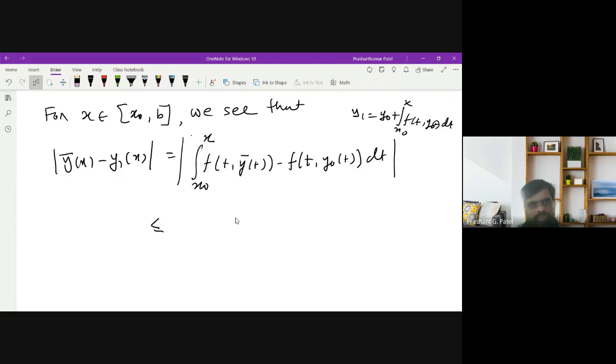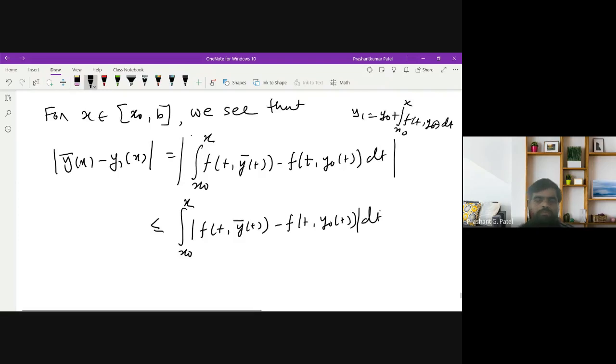This is less than or equal to the integral of the mod, by property of integration, and then using the Lipschitz condition, that is, mod of this function with respect to y, it is k times the integral from x0 to x of mod of y bar of t minus y0 of t dt.